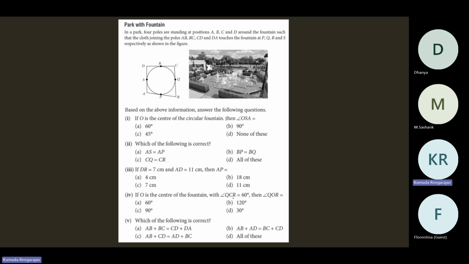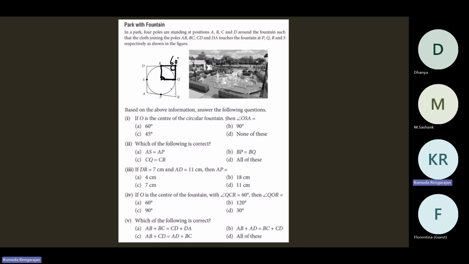And the fourth one, QCR is 60 degrees. Then QOR, this angle. So we know that this is a cyclic quadrilateral, right?